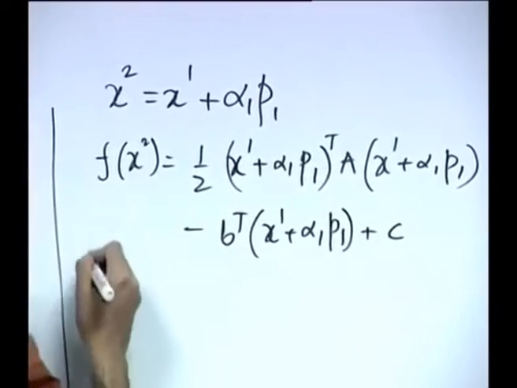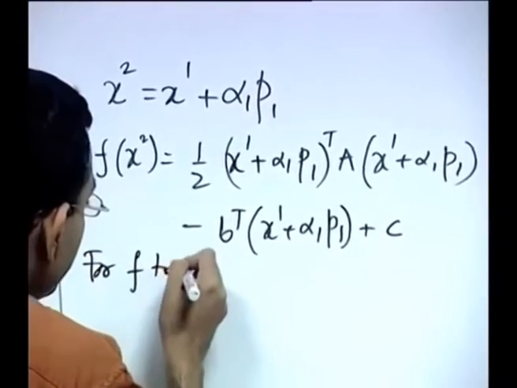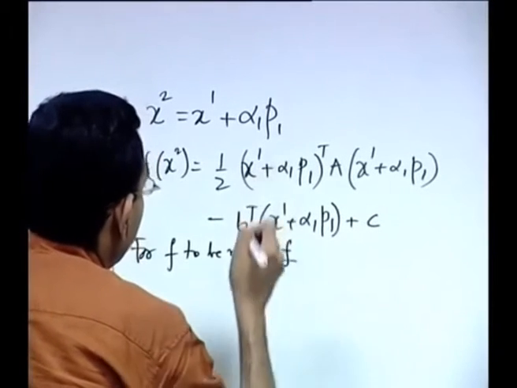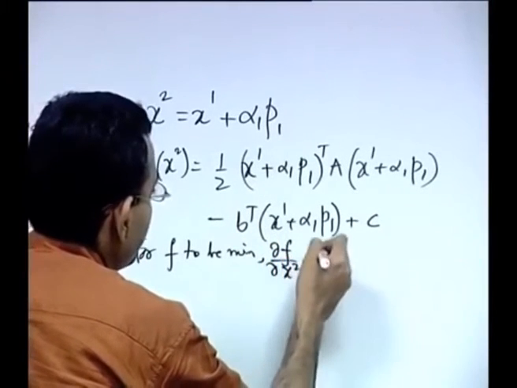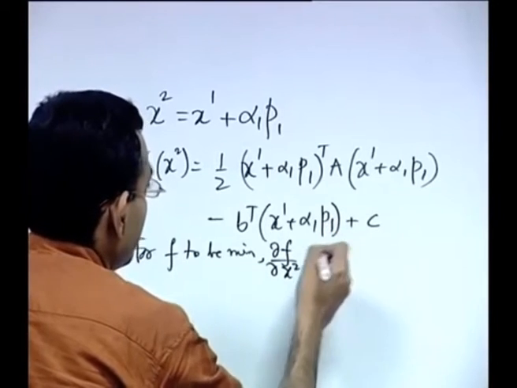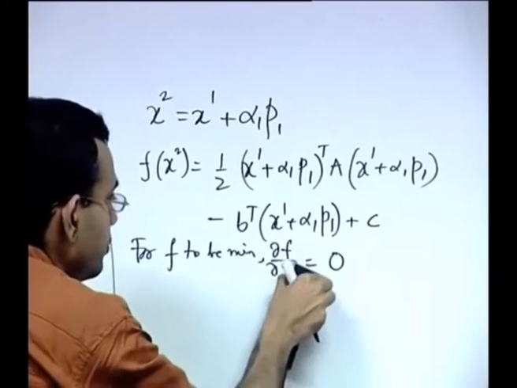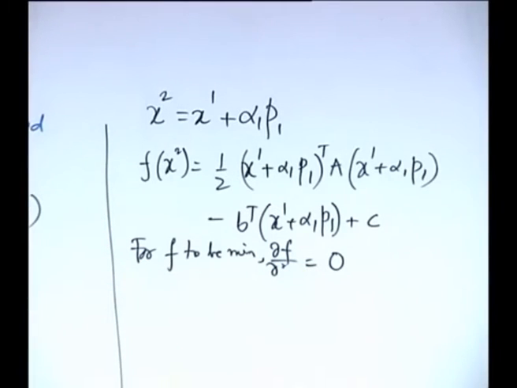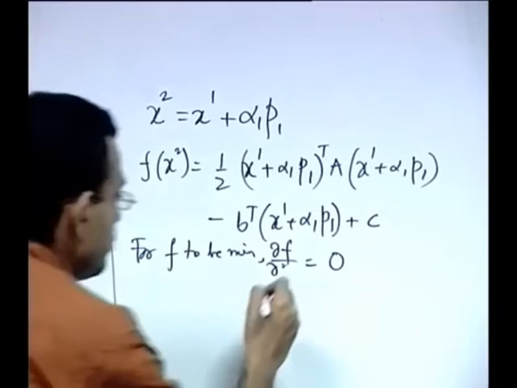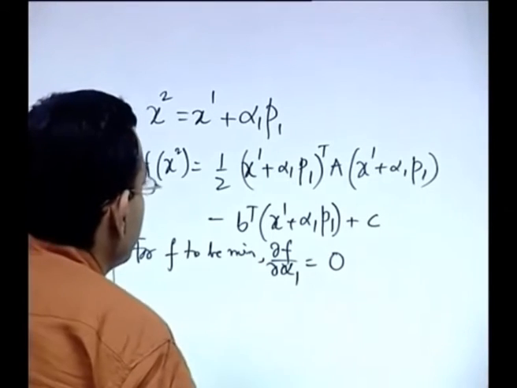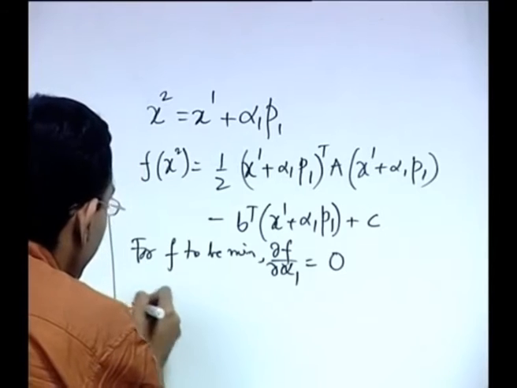So for f to be minimum, del f del x2 should be equal to, sorry, del f del alpha 1 should be equal to 0. So what we get from here?